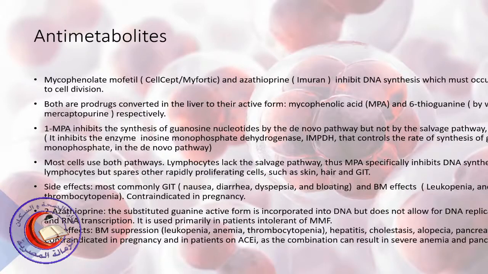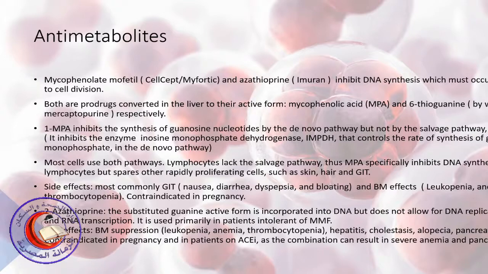Antimetabolites. Mycophenolate mofetil, trade name Cellcept or Myfortic, and azathioprine, trade name Imuran, inhibit DNA synthesis, which must occur prior to cell division. The cell must form double the amount of DNA so that there is enough DNA to share between the two daughter cells.